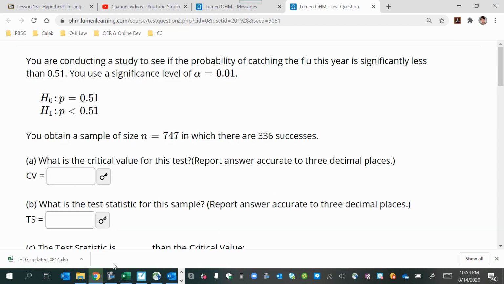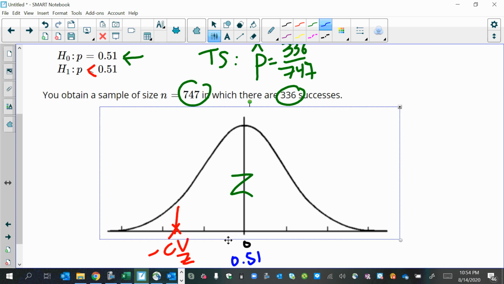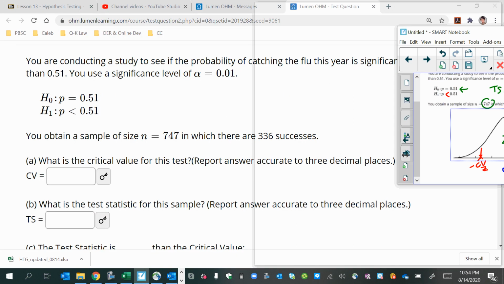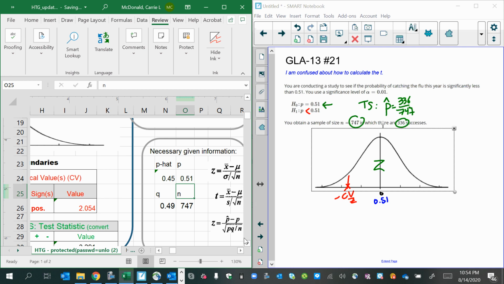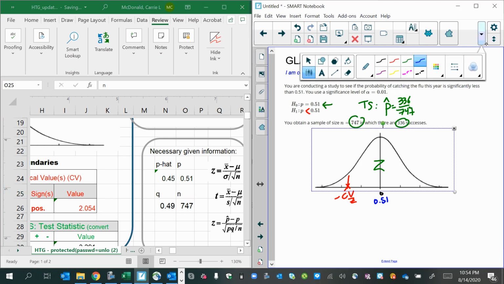So what I want to know is, is that really extreme compared to what we thought the population proportion is supposed to be? So 0.45 is somewhere over here, right? 0.45. So here's my population proportion P, and p hat.